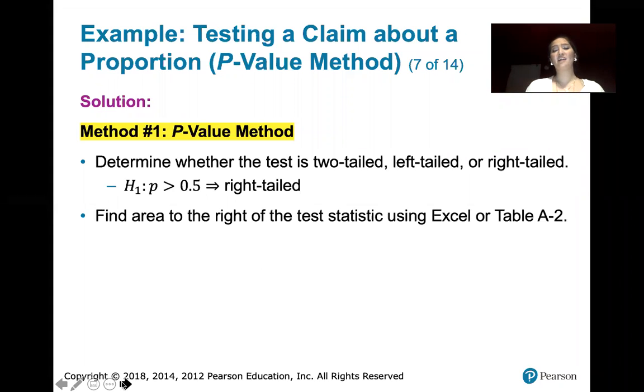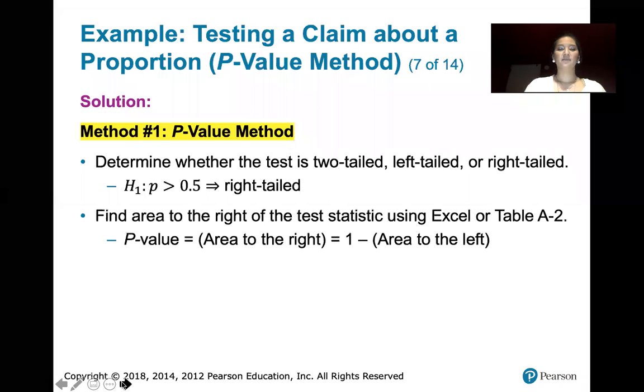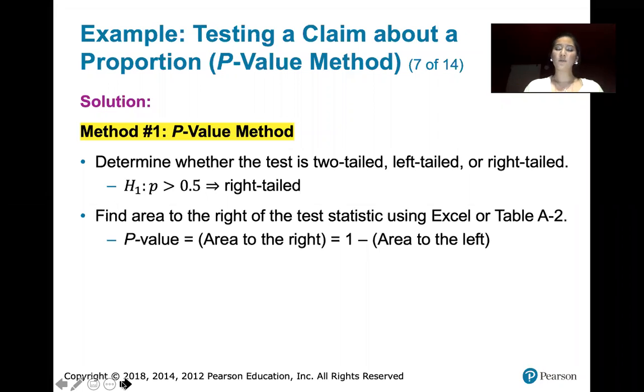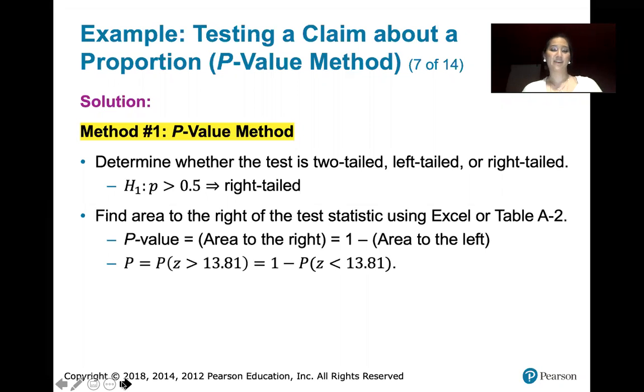And we can find that area using Excel or table A2. Either one is fine. Now, if I want area to the right of a test statistic, that's going to be 1 minus the area to the left. So in our case, this is the probability that z is greater than 13.81, or 1 minus the probability that z is less than 13.81.